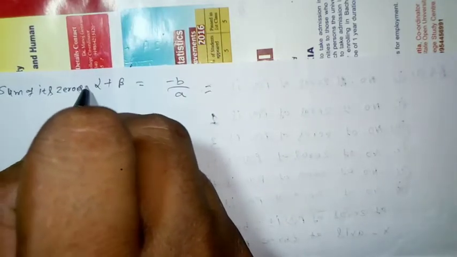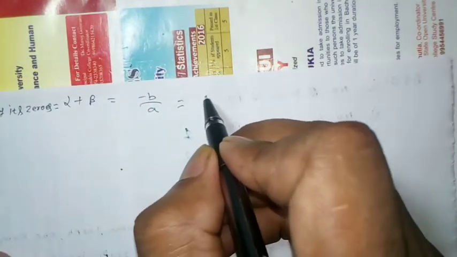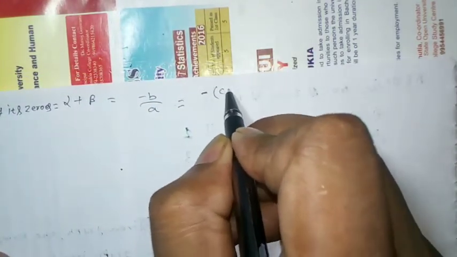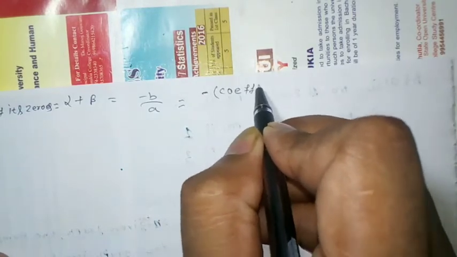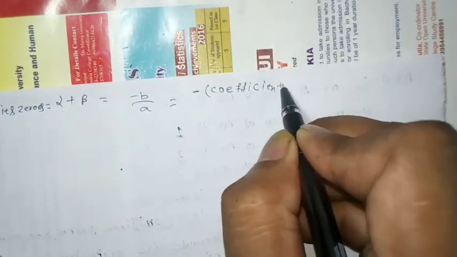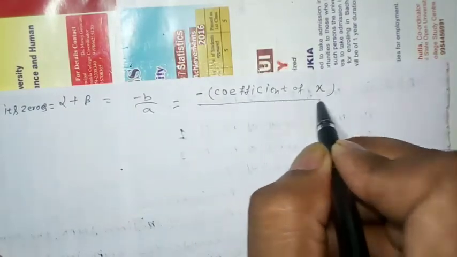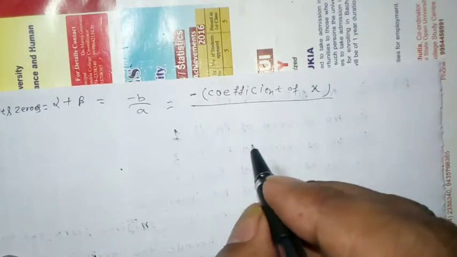It means minus the coefficient of x by the coefficient of x square.